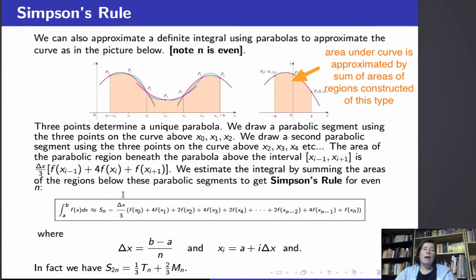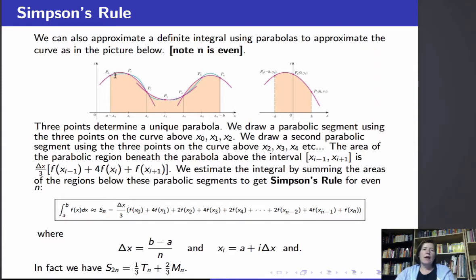So we can derive a formula for this area using basic geometry. The area beneath this first parabola above x0, x1 and x2 is equal to delta x over 3 times f of x0 plus 4 times f of x1 plus f of x2.